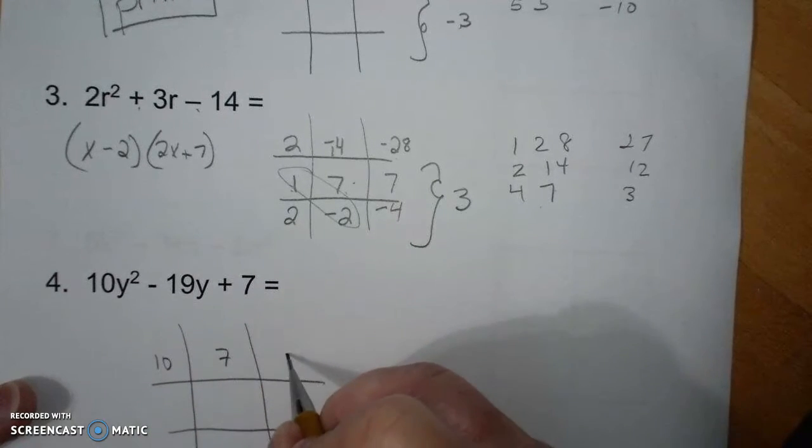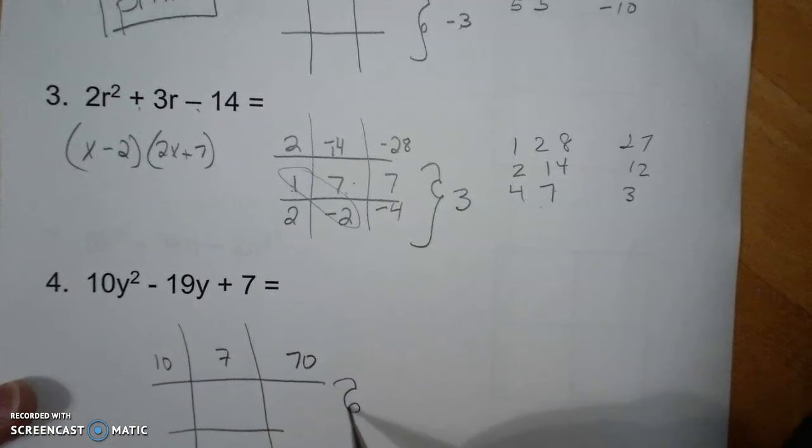10, 7, 70 to get negative 19. I'm adding, they're both negative.